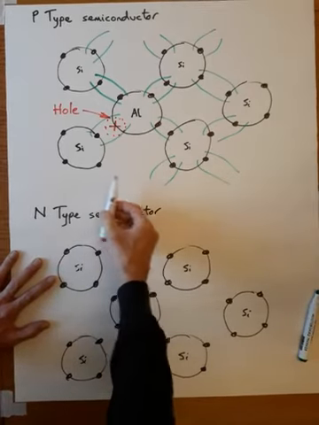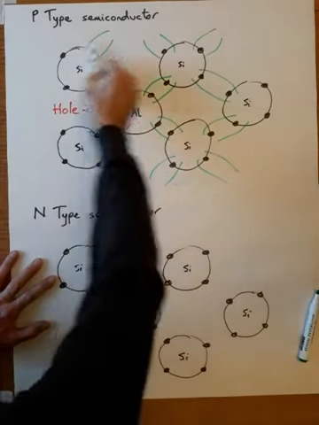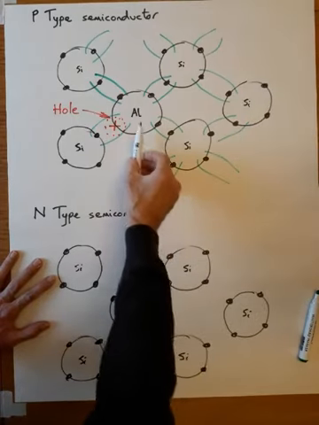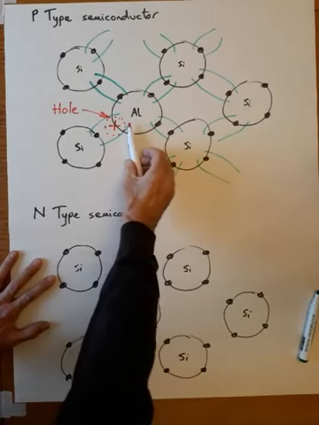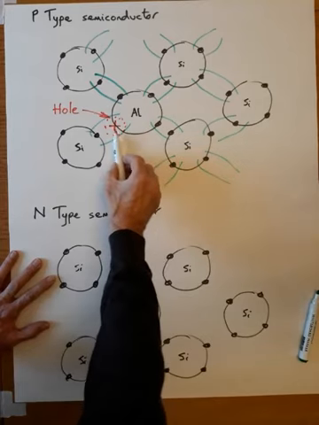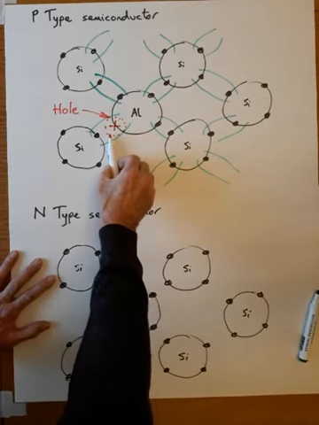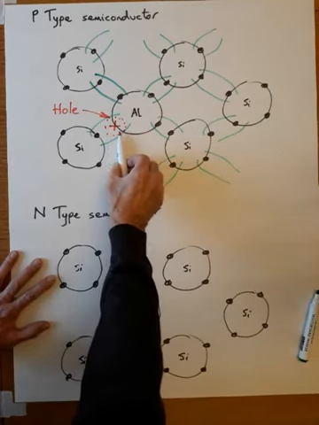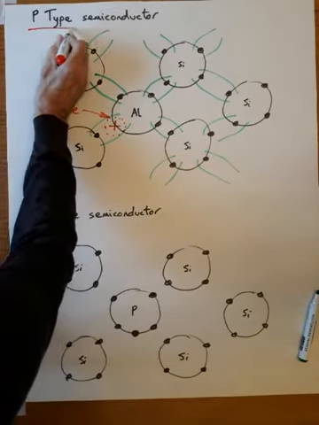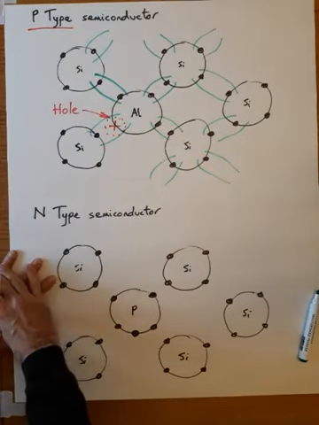So just summarising what we have, a piece of silicon which has added aluminium will have an overall positive charge because it's got extra holes in it. So positive charge, we call this P-type semiconductor material.